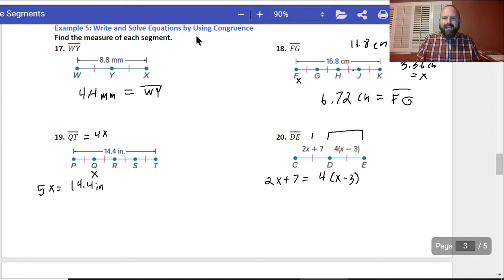Since there are more x's on this side, it should be on the right side. x equals a number after you solve for x. Once you get that, you plug it back into here. So if x equals 3, you plug in whatever you got for x right here, and then you should figure out what DE is equal to.